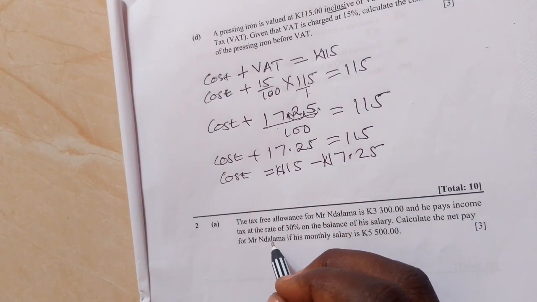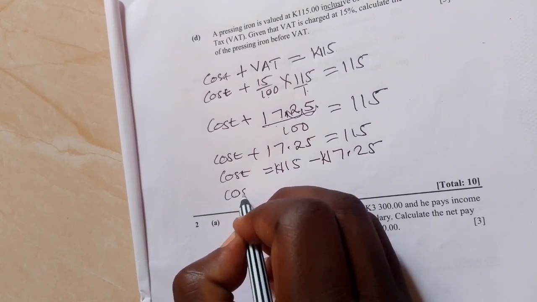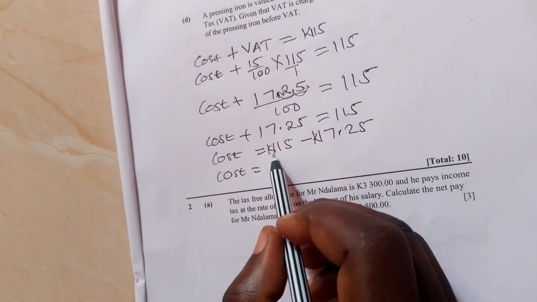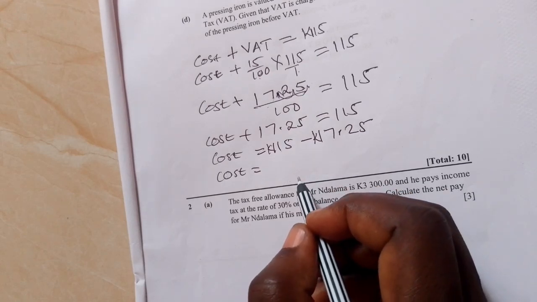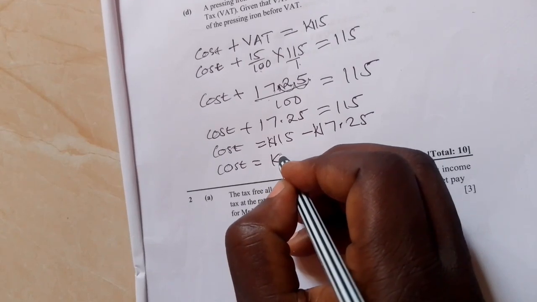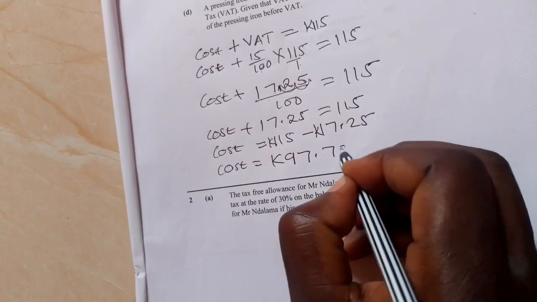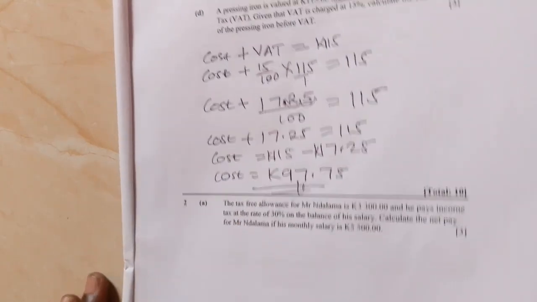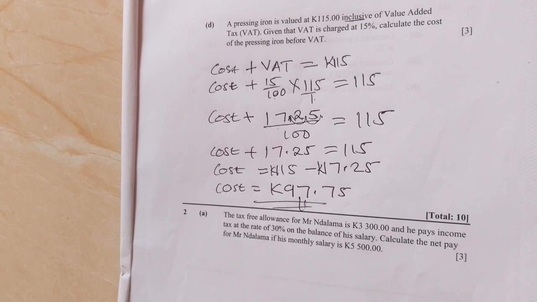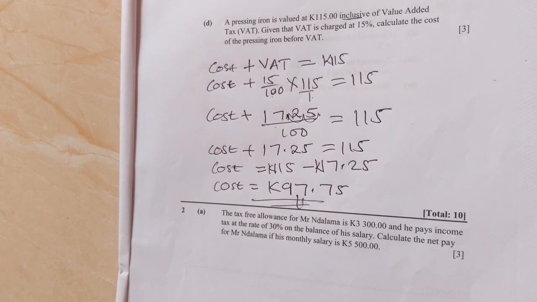So cost is equal to 115 minus 17 kwacha 25 ngwe. The answer is 97 kwacha 75 ngwe. Okay, this is your answer here.